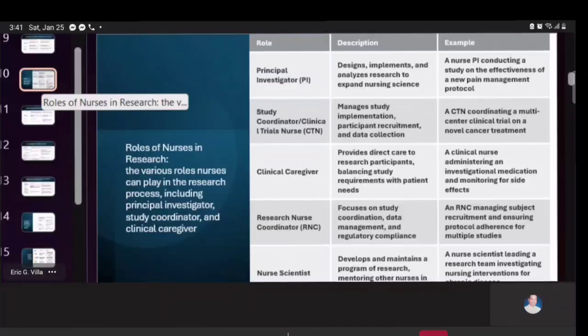For instance, a nurse scientist might lead a research program investigating various nursing interventions for people who have chronic diseases. So it includes chronic disease management, mentoring junior researchers, and coordinating multiple interconnected studies.